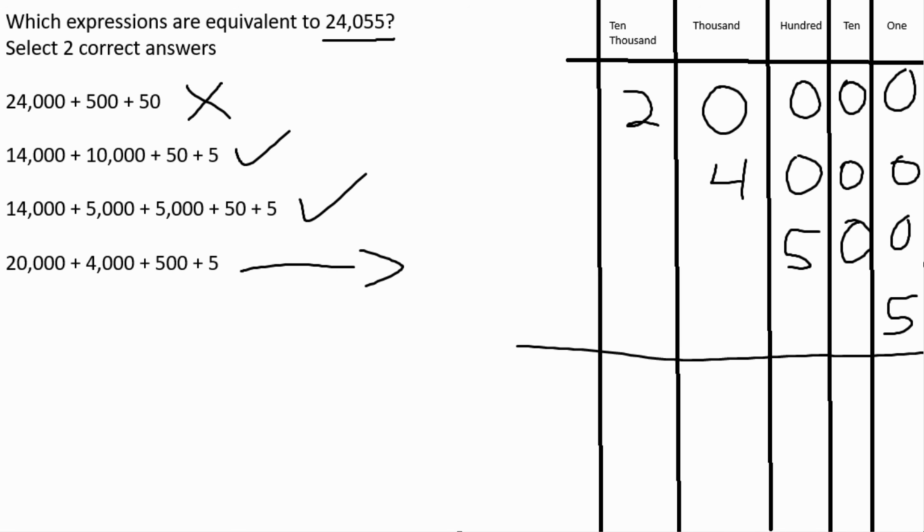Let's add these all together. We get 5 in the ones place, 0 in the tens place, 5 in the hundreds, 4 in the thousands, and 2 in the 10,000s. Here we get 24,505. As you can see, there's a mix-up in the hundreds and tens place. Therefore, the whole answer is incorrect.